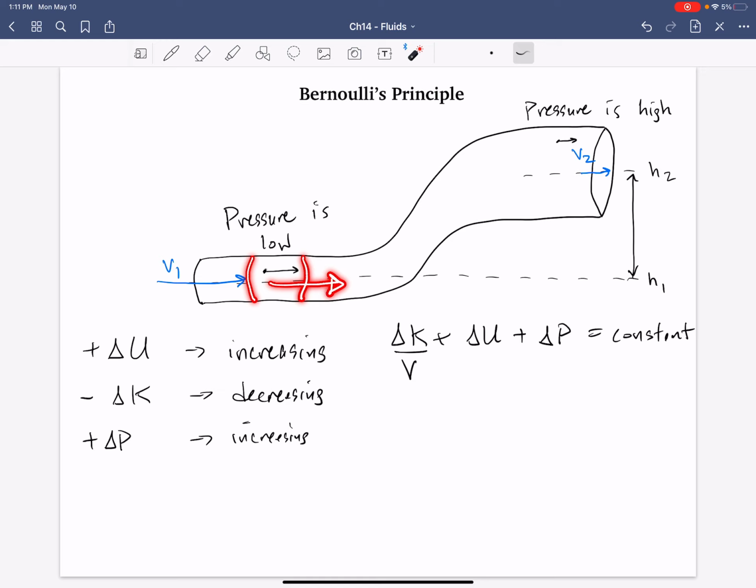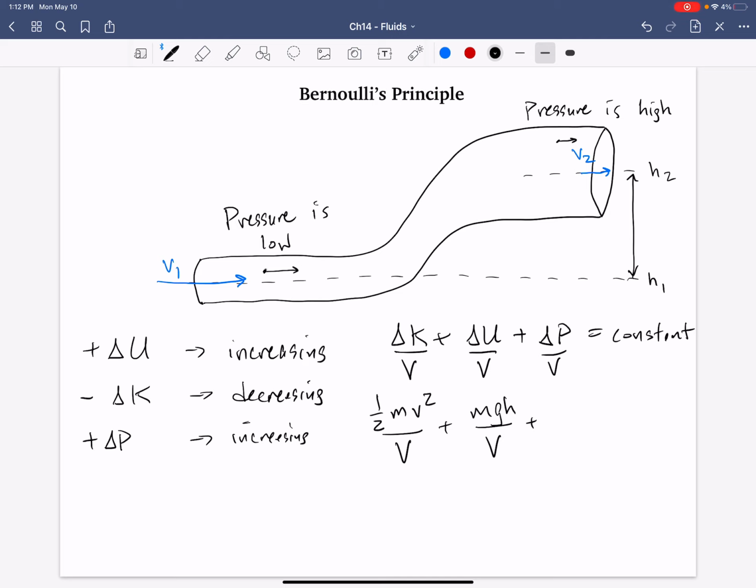So that volume of fluid has some kinetic energy. So the kinetic energy per volume is what is better used in this case, and same thing for the others. So written another way, we have 1/2 mv squared over some volume, again lowercase v, capital V. And then same thing for the potential energy, mgh per volume, plus the pressure per volume. And that's equal to a constant.